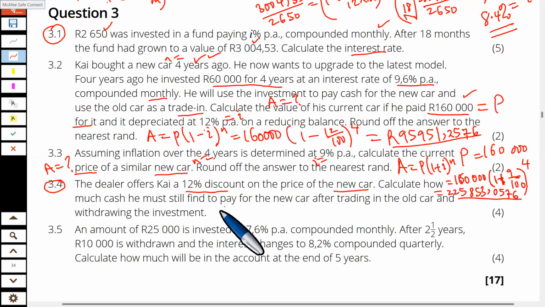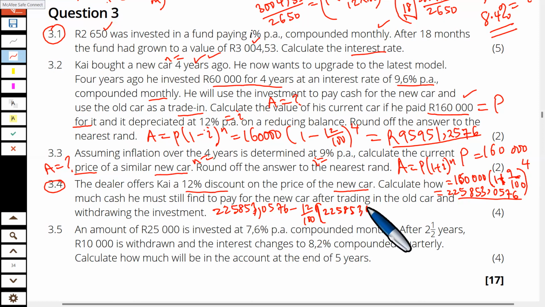So you have 225,853.0576. You less 12% of the same amount.